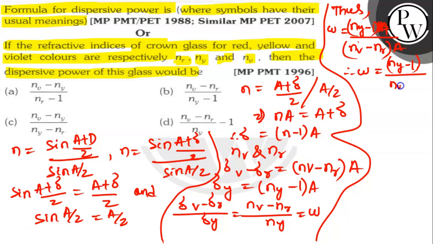Therefore, the dispersive power of this glass would be Nv minus Nr divided by Ny minus 1.